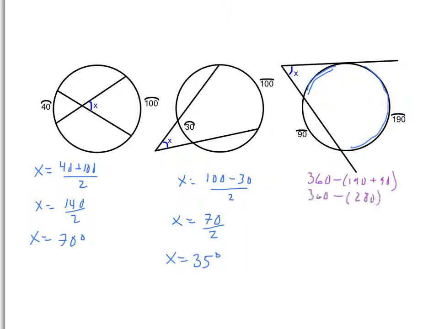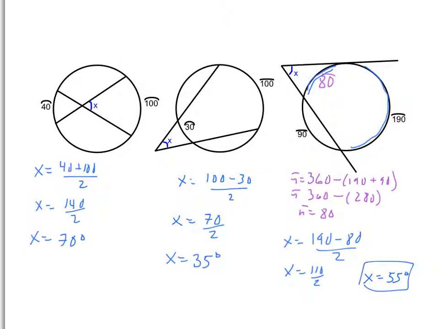Okay, so we'll call that near. So that's an arc measurement of 80 there. And now, once again, it's just like this one, far minus near over 2. And we got 55 degrees for that one.